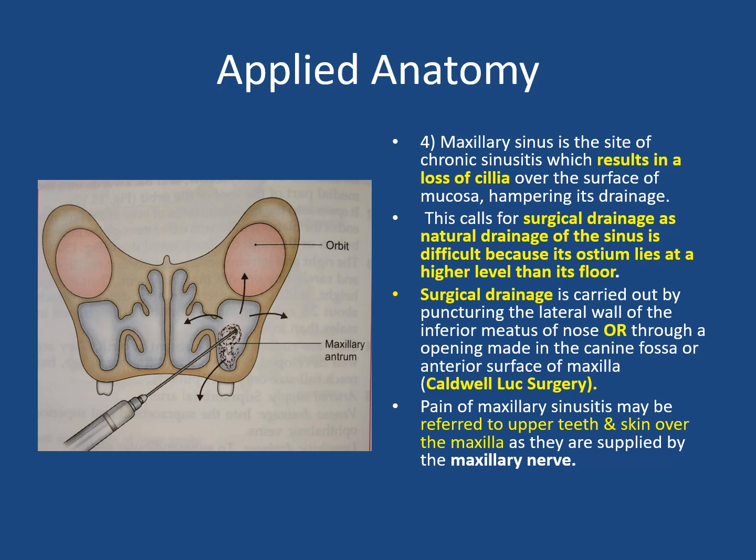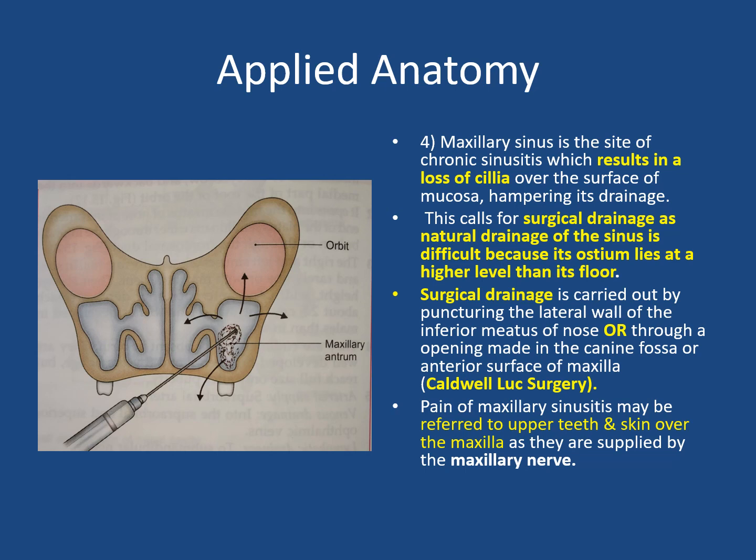surgical drainage, as natural drainage of the sinus is difficult because the ostium of the maxillary sinus lies at a higher level than its floor. You just look at the diagram, you will understand. So you know that the maxillary sinus opens in the middle meatus of the nose, not in the inferior meatus.